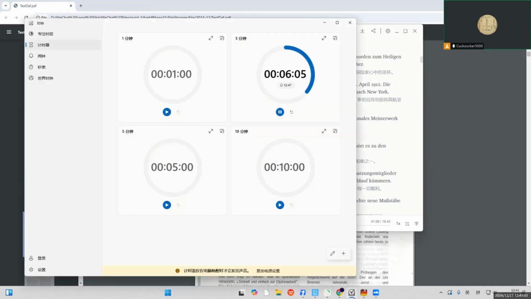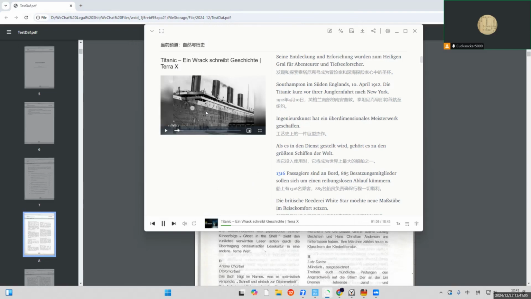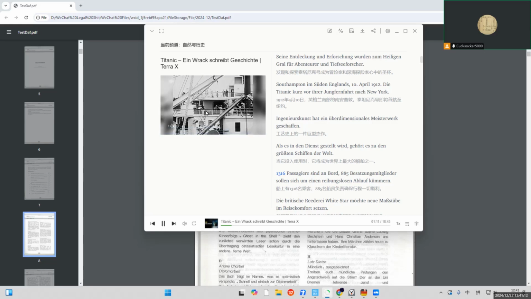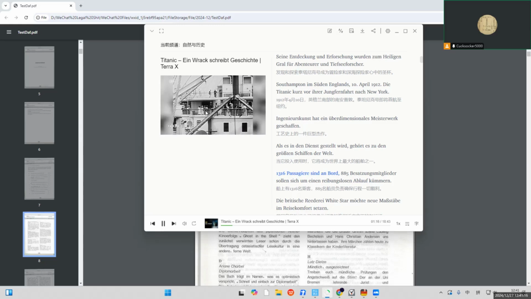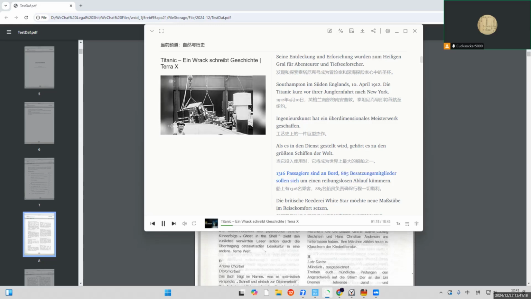Okay, so how much time do I have? 6 minutes. Okay. Next sentence. 1316 Passagiere sind an Bord. 885 Besatzungsmitglieder sollen sich um einen reibungslosen Ablauf kümmern. Okay, I don't understand anything, just apart from some numbers. Passagiere, right?